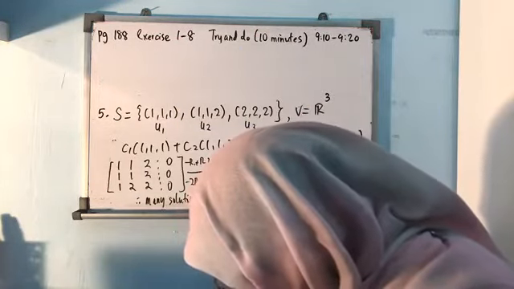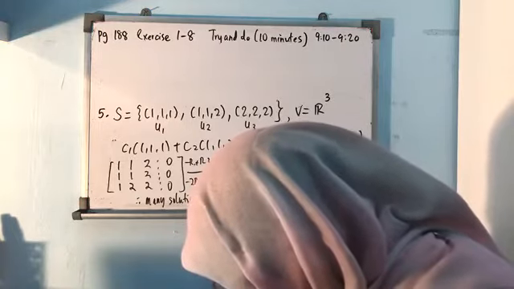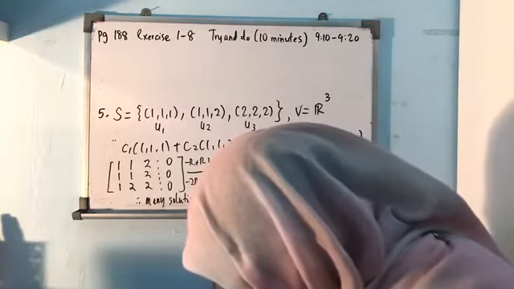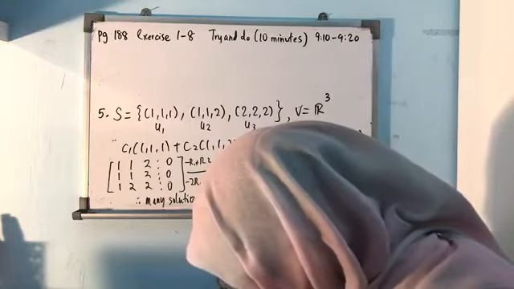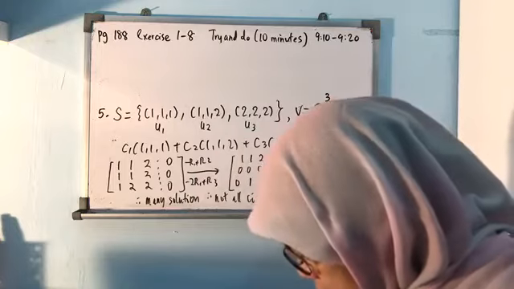Number 6. It is the same, number 6 is very similar to number 5 or number 2. You can show that it's linearly independent.